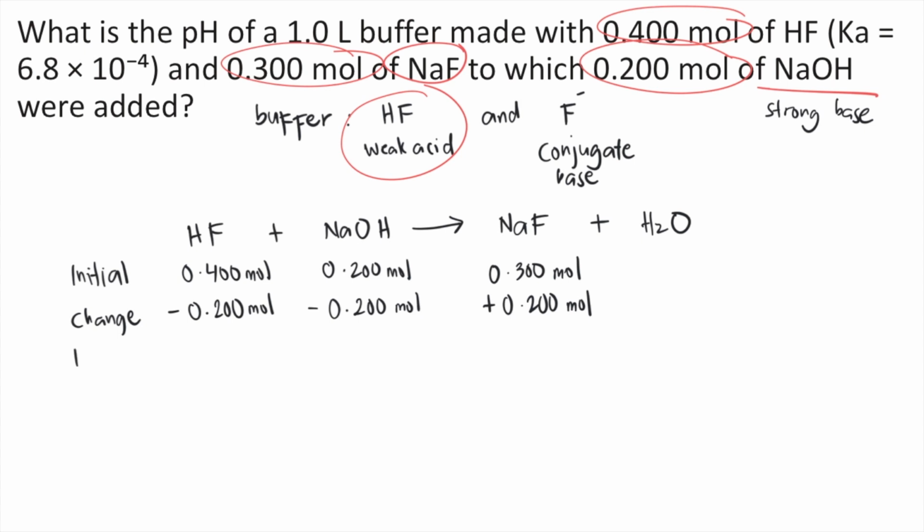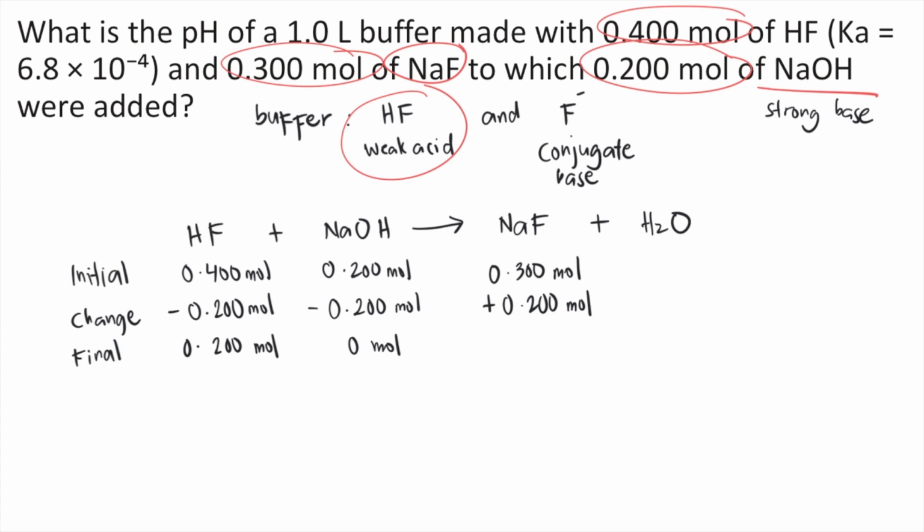Okay, now let's get the final moles. So for HF, 0.400 minus 0.200, that's 0.200 moles. For NaOH, 0.200 minus 0.200, that's 0 moles.